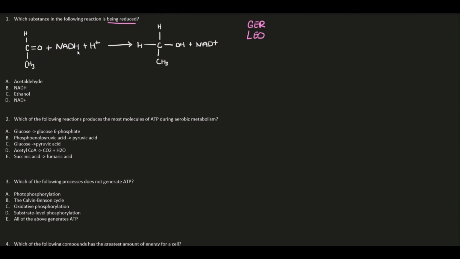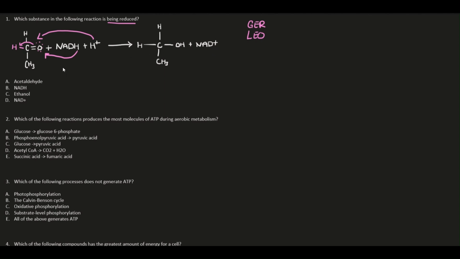The H in NADH and the hydrogen atom have protons, a proton and an electron. The electrons are going to go to, or be added or gained by, acetaldehyde. So we're going to have our electrons for our oxygen, and then our hydrogen will be added, giving us ethanol plus NAD plus.